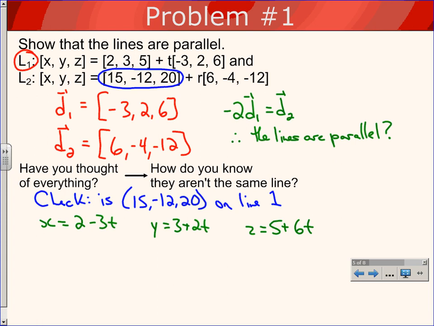You could have done this the other way around too, I suppose, right? Could have subbed 2, 3, 5 into line 2. 15. This doesn't look very promising, but I'm actually going to do that one. What do we get? 13 divided by minus 3. It's a pretty ugly number for t.